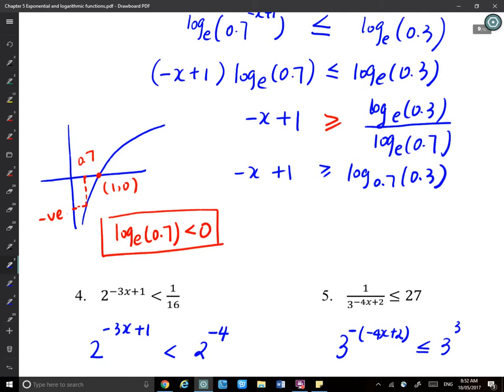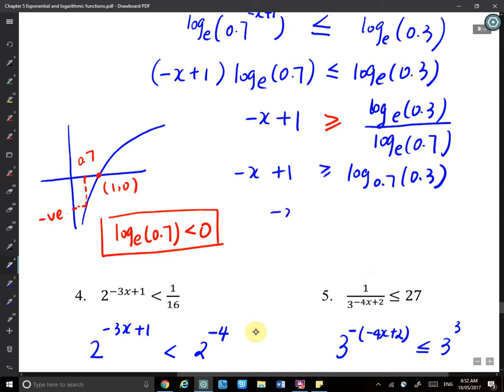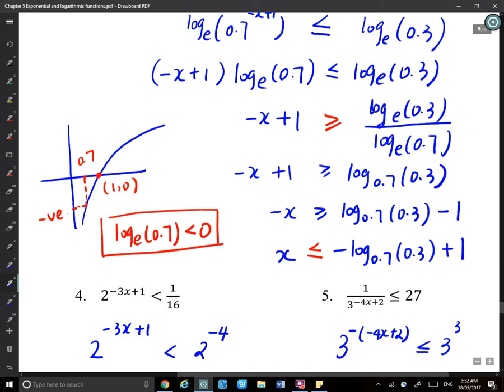So 0.7 will be the base, and then 0.3. Minus x is greater than or equal to log base 0.7 of 0.3 minus 1. And x will be smaller than or equal to negative log base 0.7 of 0.3 plus 1.